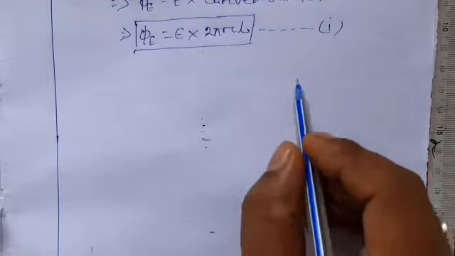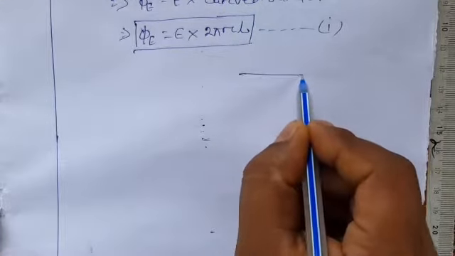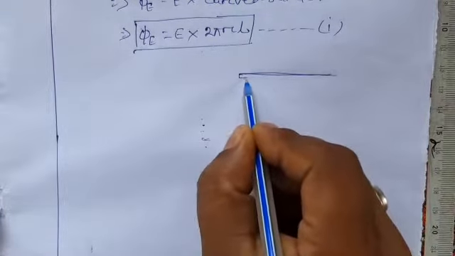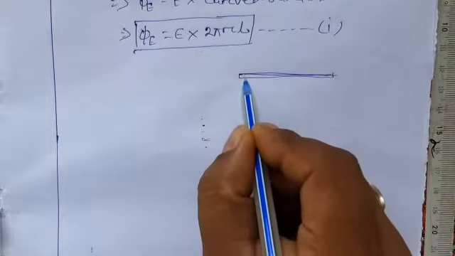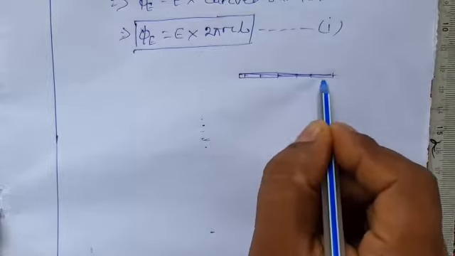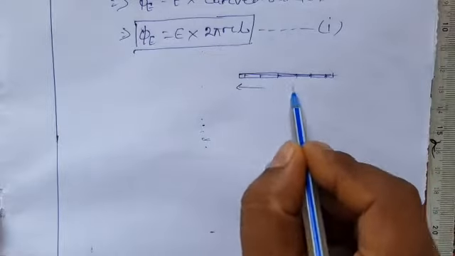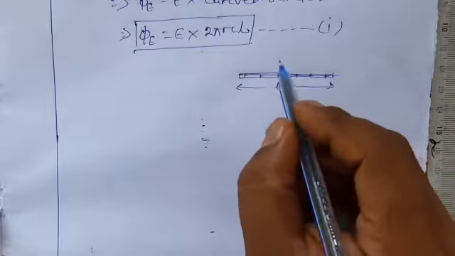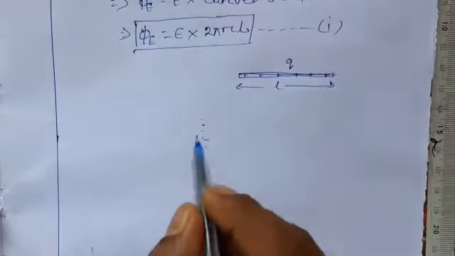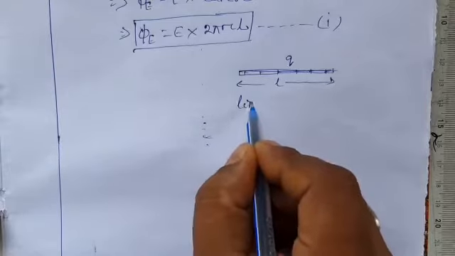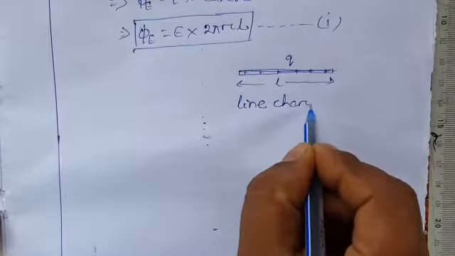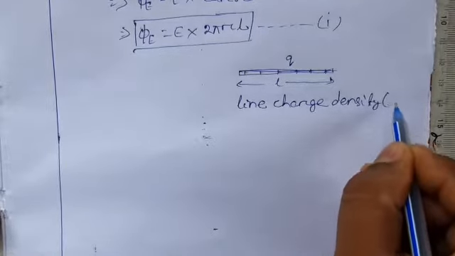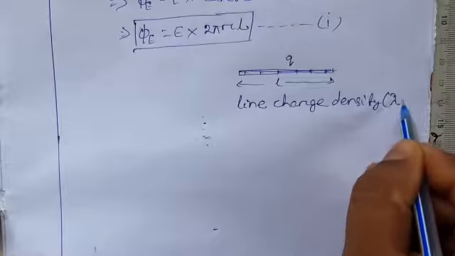But we know that if this is a line charge, line positive charge is here uniformly distributed and the length of the line charge is L, and the total charge is Q, then I can say line charge density, which is represented by lambda.